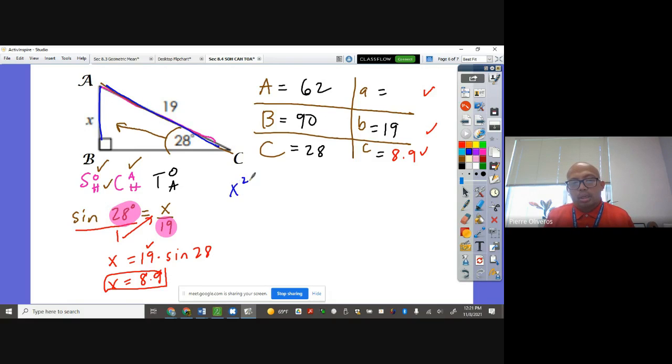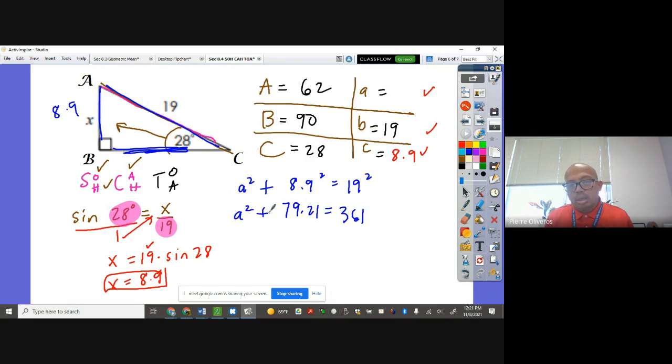So a squared plus the leg, 8.9 squared, is equal to 19 squared. 8.9 squared is 79.21, and 19 squared is 361.